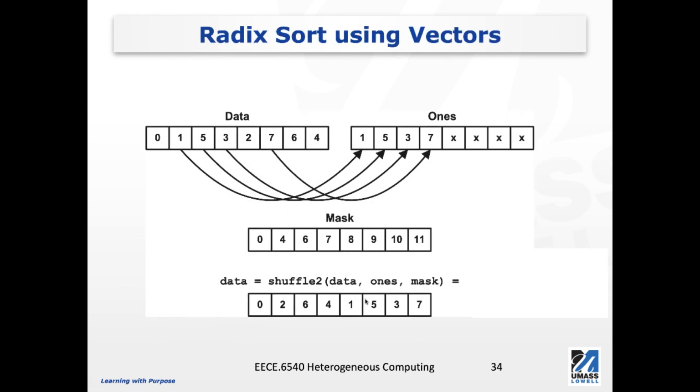If I go back, this is really to build the remaining portion of the mask vector using these newly copied elements in the ones bucket. So we're looking at indices 8, 9, 10, 11, and these will be in the remaining locations in the mask array.